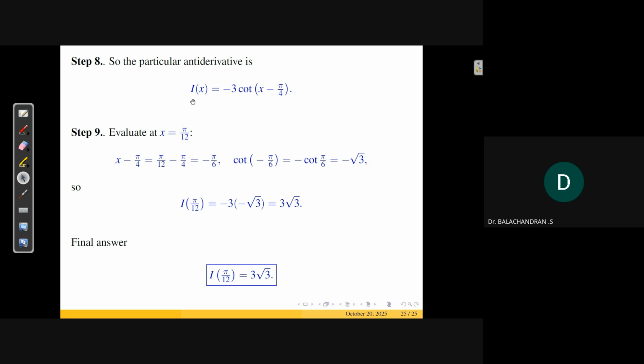Now I of pi by 12 is equal to minus 3 times cot of x minus pi by 4, which is minus root 3, so 3 into root 3. So the final answer: I of pi by 12 is equal to 3 root 3.